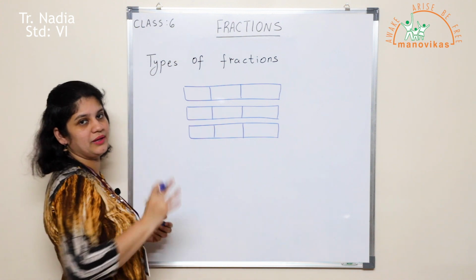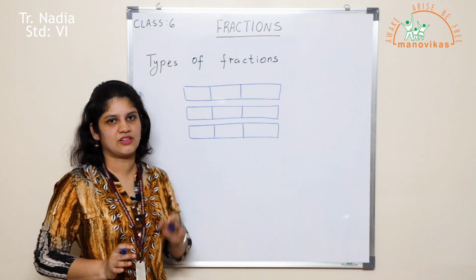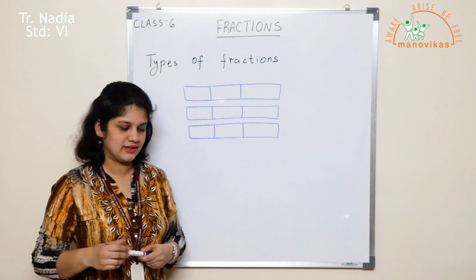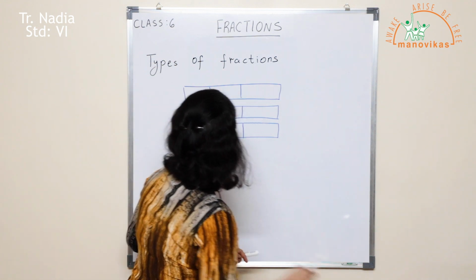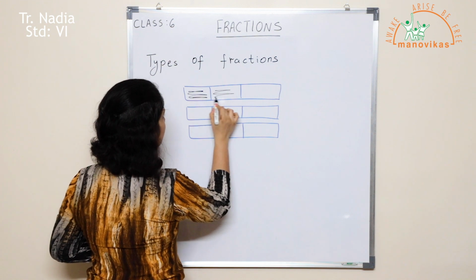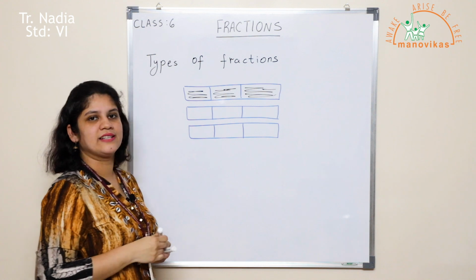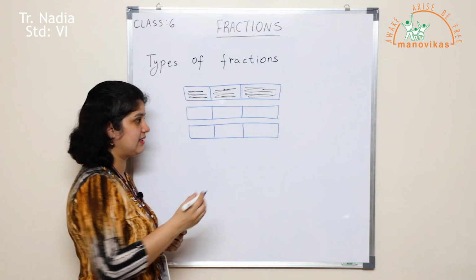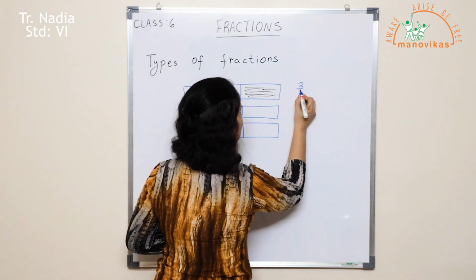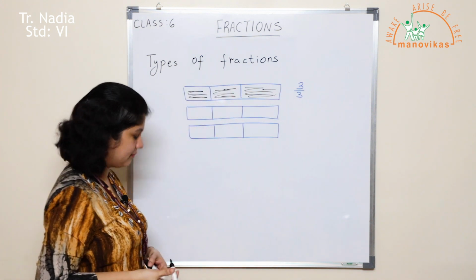My figure may not look very accurate, but imagine that there are 3 equal strips. Each strip is divided into 3 equal parts. Now in the first strip, all the 3 parts were shaded. So if I shade all the three parts, how will I express it as a fraction? I will say 3 out of 3. 3 out of 3 parts are shaded.